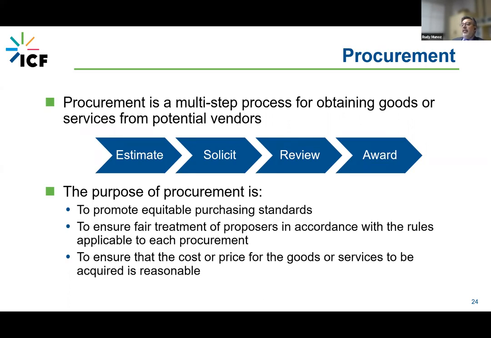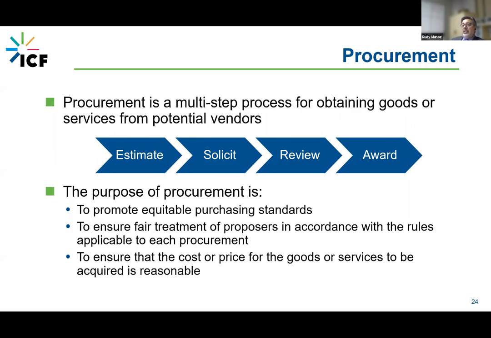And the internal cost estimate is used in your evaluation process to ensure that the bids that you received are reasonable. In step 2, we have the solicitation of bids in accordance with one of the methods that is listed in 2 CFR Part 200, subsection 320. And we'll be discussing those various procurement methods in the next slide.